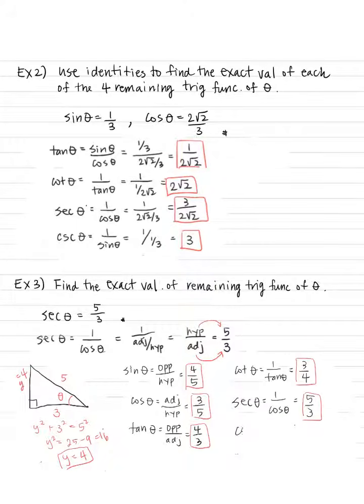And cosecant. Cosecant is 1 over sine of theta. And so this will be what? 5/4. Okay. Oh, wait a minute. Secant of theta was given to us, huh? Oh, well. And here you have it.